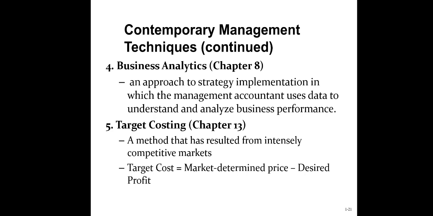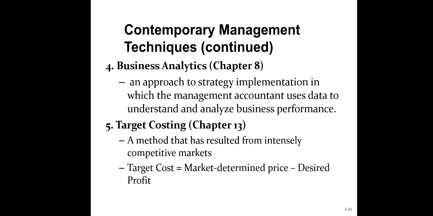If they produce the product at a cost higher than $120, then they cannot compete in the market. So that is the thing related to this technique. The target cost is equal to the market-determined price minus the desired profit.